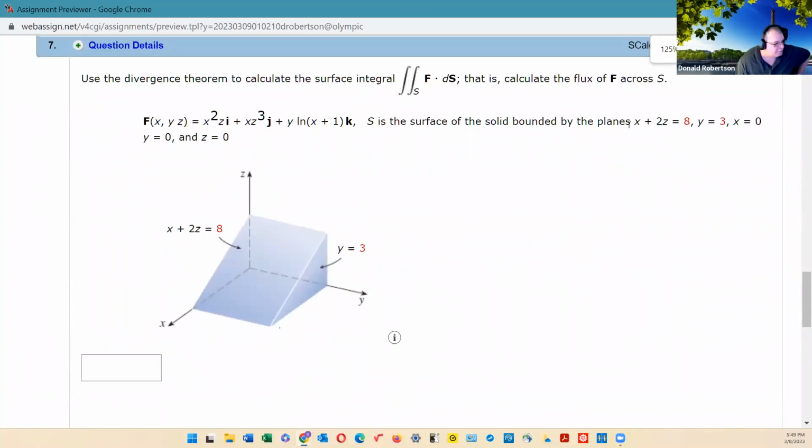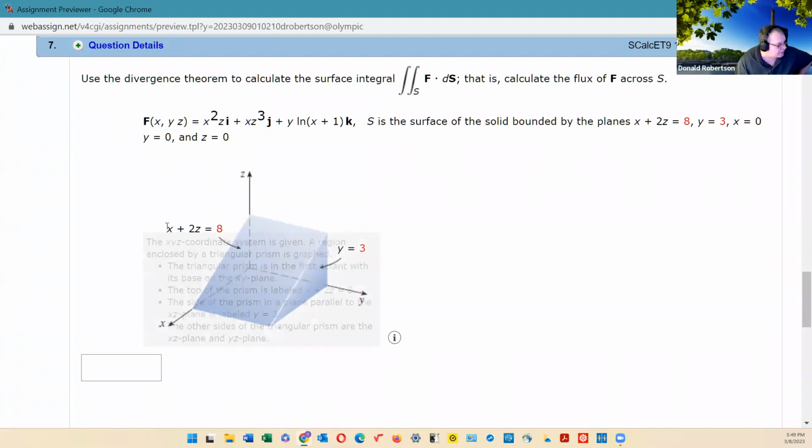They have described over here all the various restrictions that you have on X, Y, and Z to generate this solid. So we need to find out what are the limits of integration that would make this solid happen. That sloping surface going this way, right, has the equation x plus 2z equals 8.